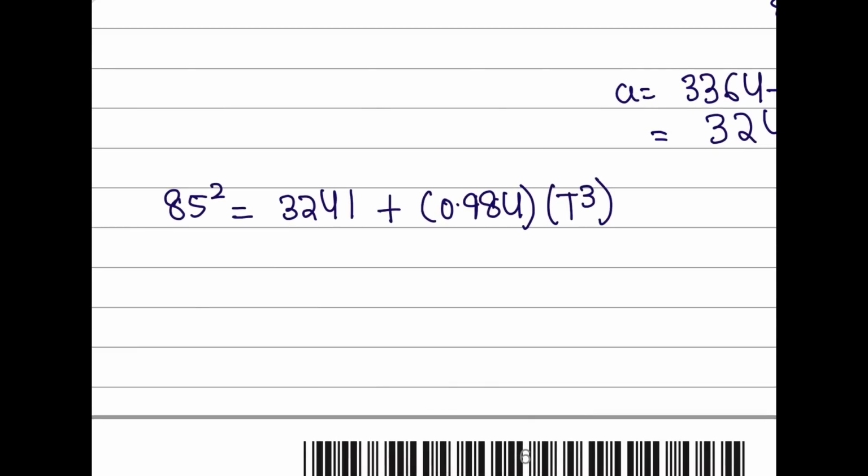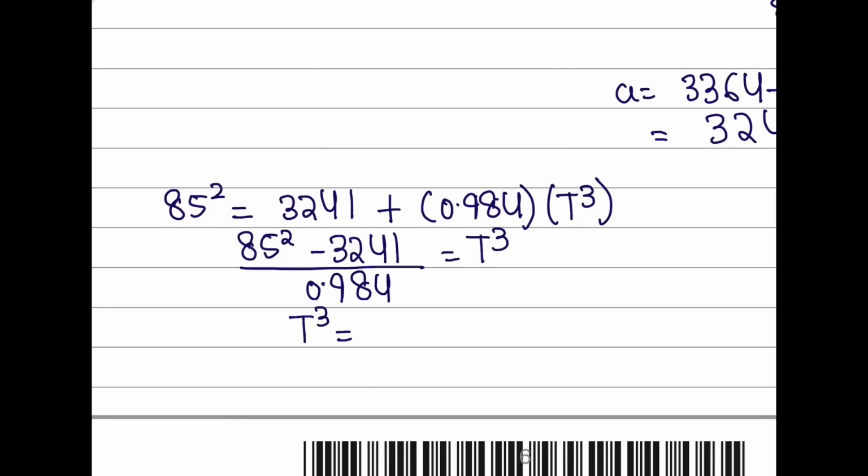So if I do 85 squared minus 3241 divided by 0.984, it would give me the value of t cubed.